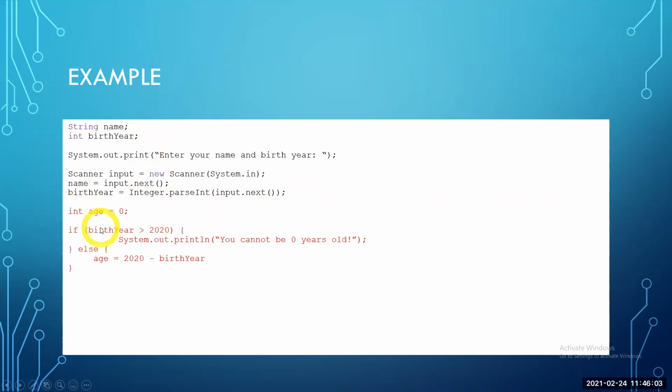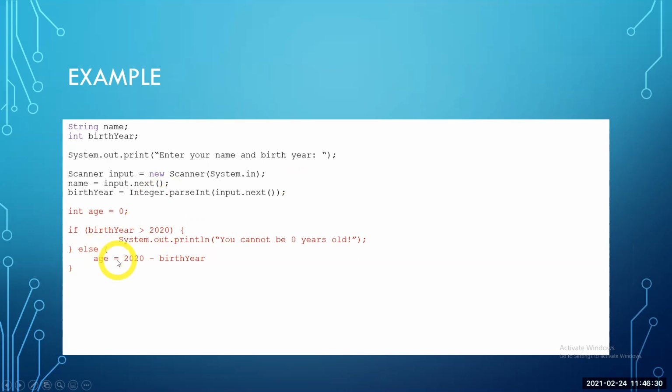So what I want to do is read in the age and calculate the age. But before that, I want to check if the birth year is greater than 2020. So if birth year is greater than 2020, you cannot be 0 years old. Else, calculate the age, meaning that they entered in a number less than 2020.